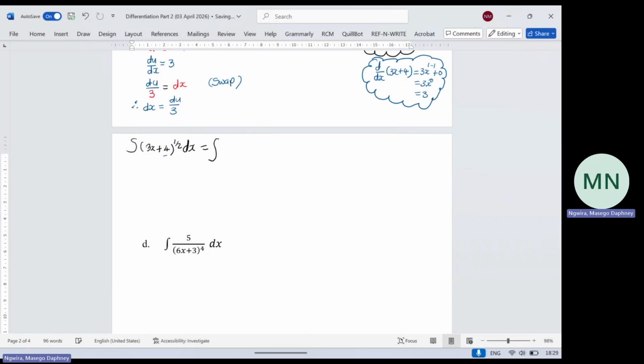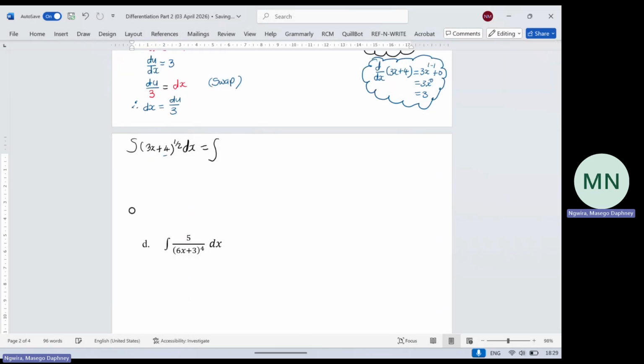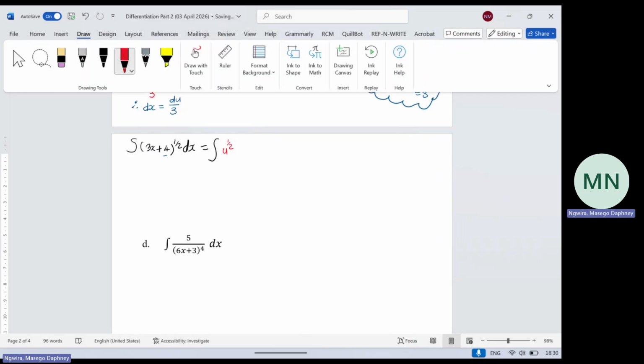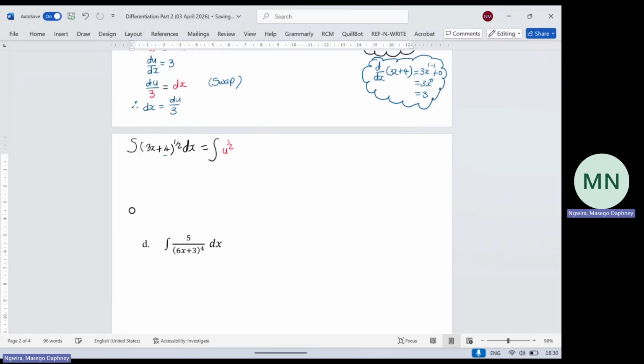We said 3x + 4 is u, so I'm going to use a red pen so that you understand. So this will be u to the power of 1 over 2. And then if we check, I have my dx. We said dx must be what? We said dx must be du over 3. We are just substituting here. So this is du over 3.